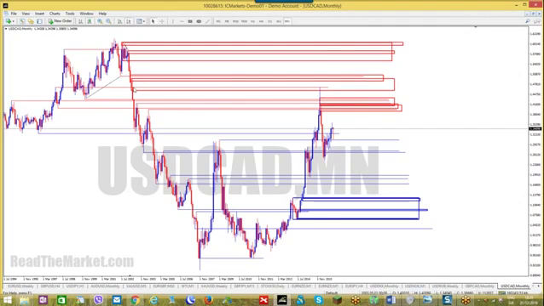And what we could have had in here is a little M5 kink crossing that, which could have been 5 pips wide or 3 pips wide, anything like that. And we could have seen that if there is an MPL in that little kink, price is going to bounce there.